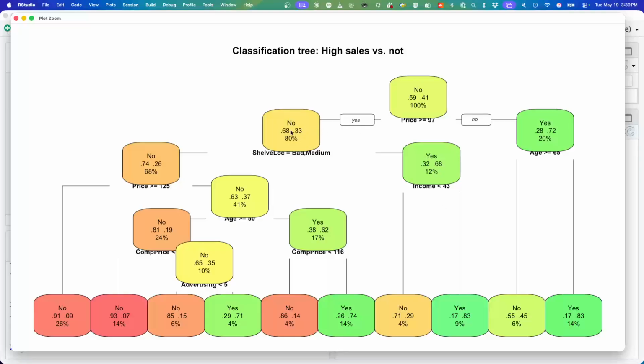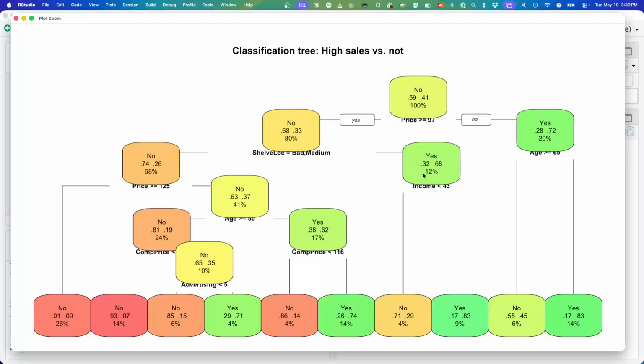And then these are the breakdowns of the particular outcome broken down into the two outcomes, so 0.68 and 0.33. So in this particular node, 68% said no to buying.